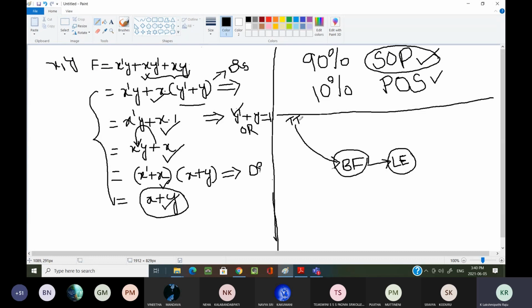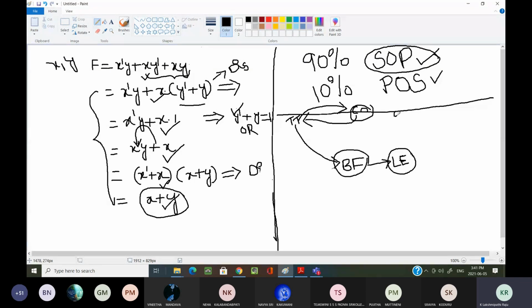Sir, what is the truth table? A truth table is nothing but the functionality of some component or equipment, the functionality of a device. All the functionality of a particular device we represent in truth table manner.